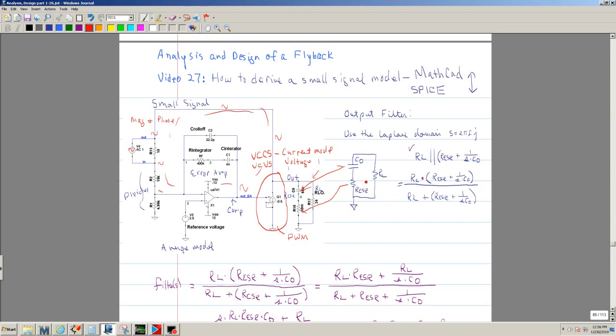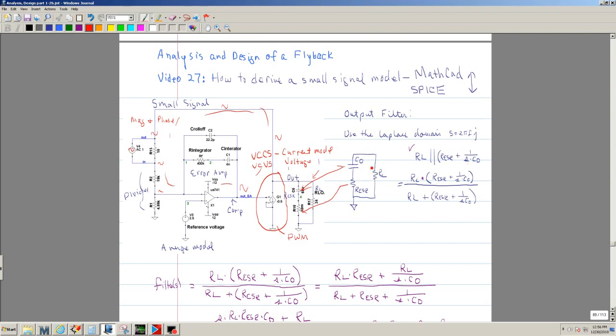And we're going to be using the S domain, the Laplace domain, which is S equals 2 pi f times imaginary j. To derive the equation, since we're going to be using impedances, the S domain works out very well.